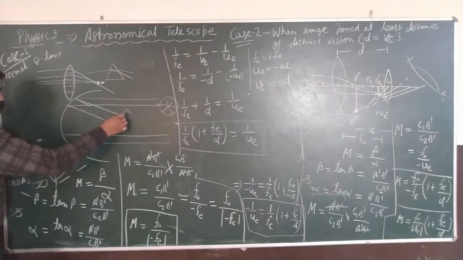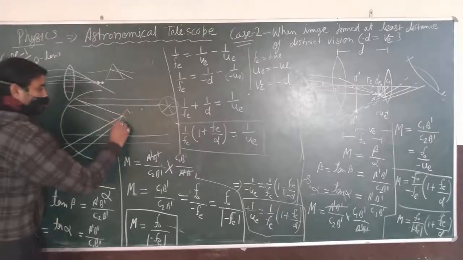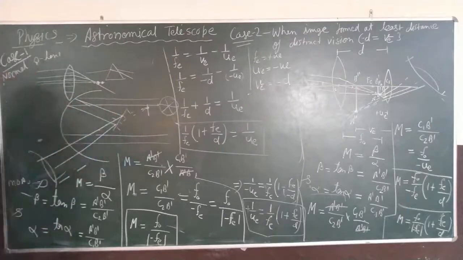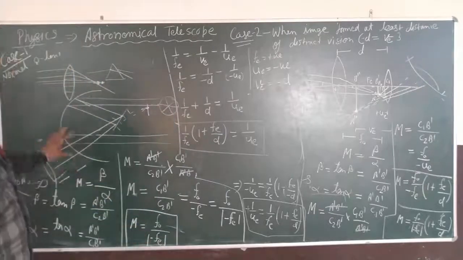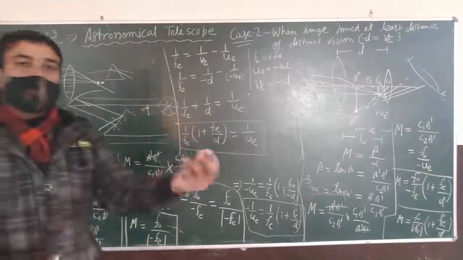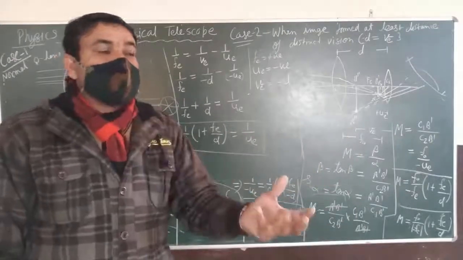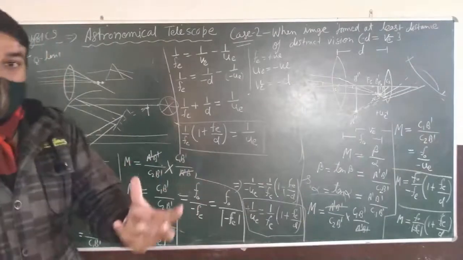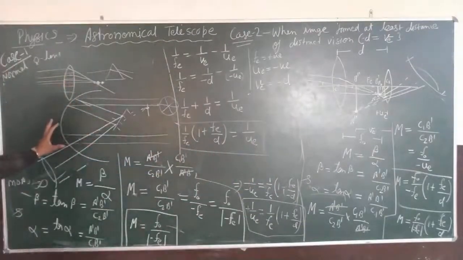All the rays are entering his eyes, and there should be the formation of an image. Then he will be able to see the object very clearly, and these are formed in a very small location, or we can say compact form. You can form these reflecting type telescopes.